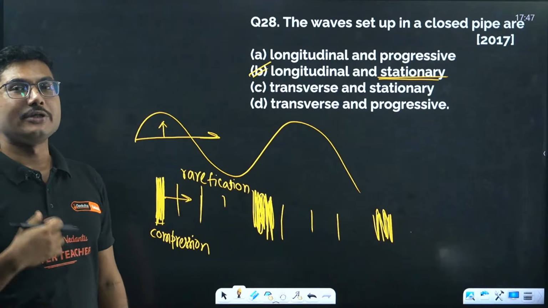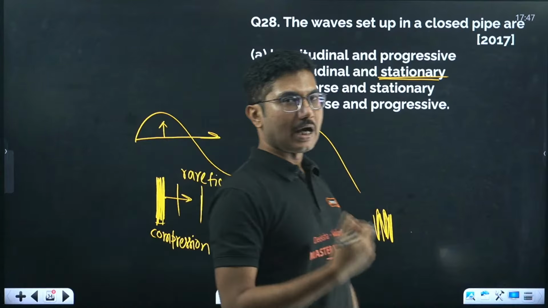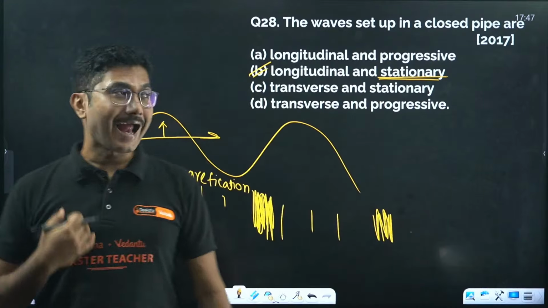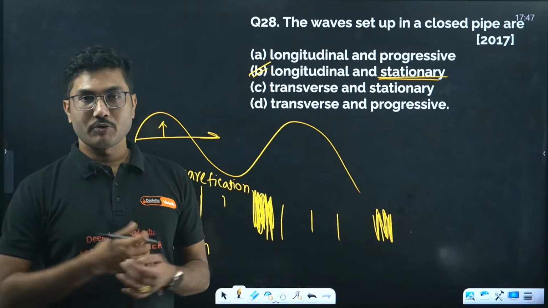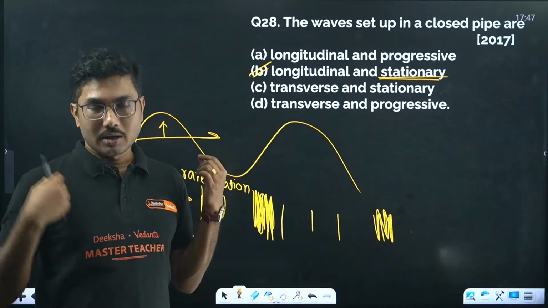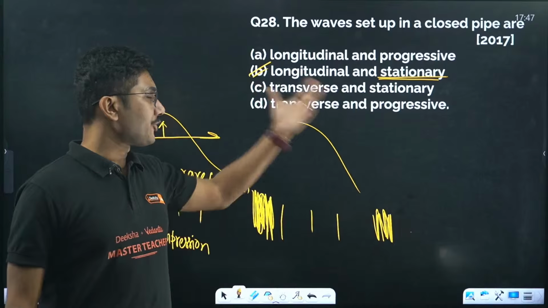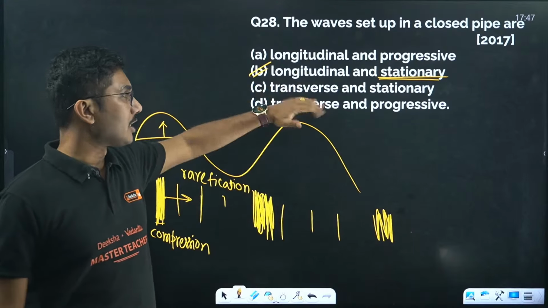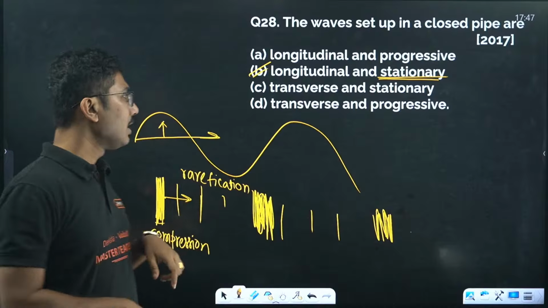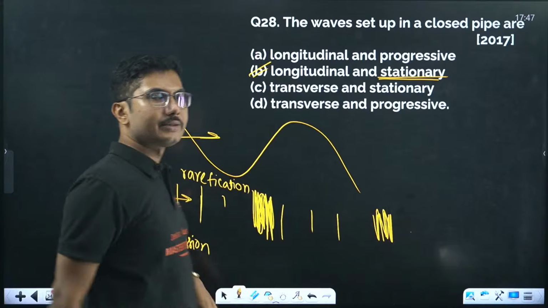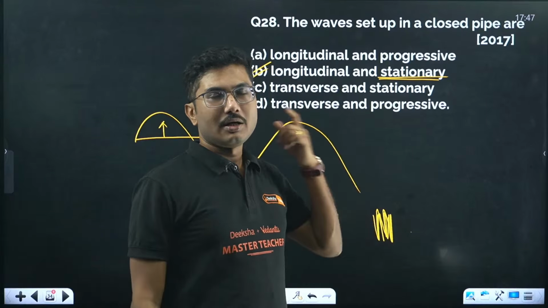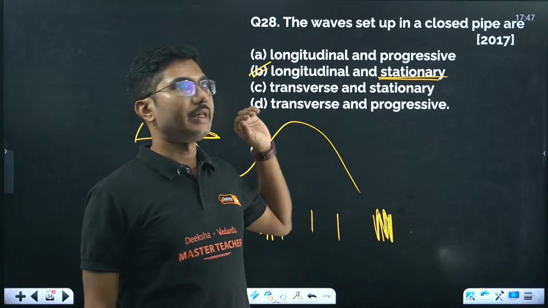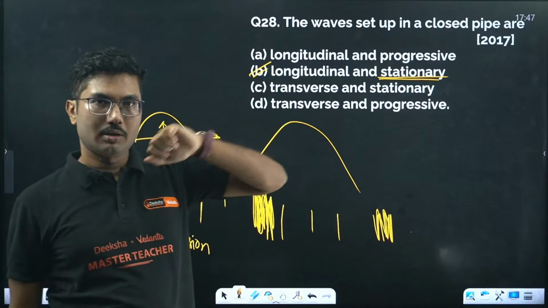If the question is based on a string instrument like guitar, tanpura or veena, then it will be transverse and stationary. They all produce stationary waves, but a stringed instrument produces a transverse wave because in the string the wave vibrates like this. In any air-based instrument, it is always longitudinal. Clear?